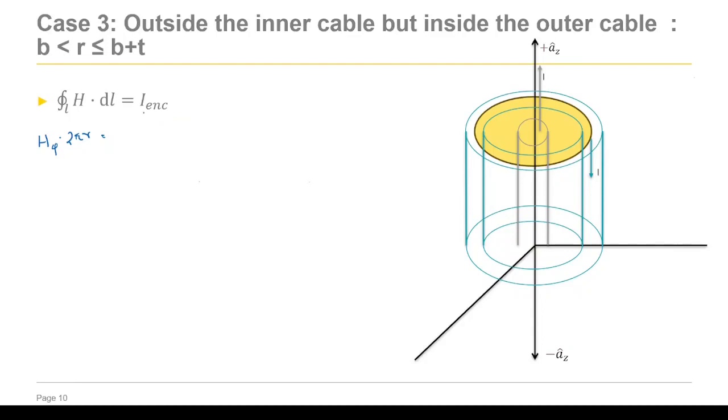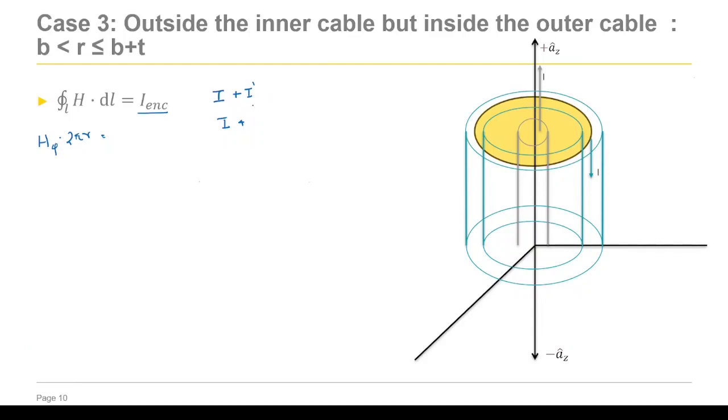Now to compute the right-hand side, the current enclosed: upon observation, we find that the entire inner conductor current I will be considered, and a part of the current through the outer conductor needs to be considered. So plus I dash, where I dash is a part of the current through the outer conductor.